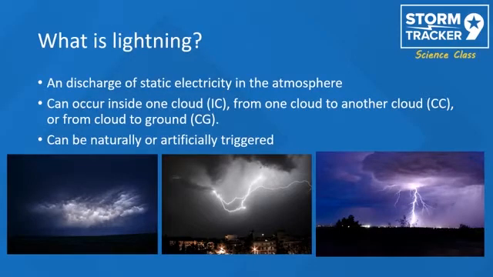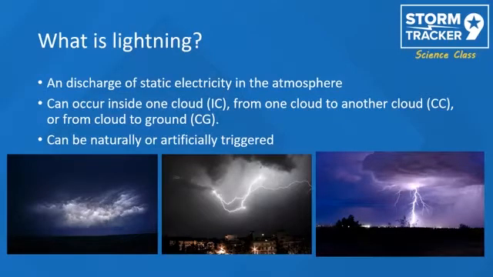There's actually a lot more intracloud and cloud to cloud lightning than cloud to ground lightning. Funny enough, the majority of lightning happens up in the thunderstorm, about 5 times as much. So that's an interesting fact.